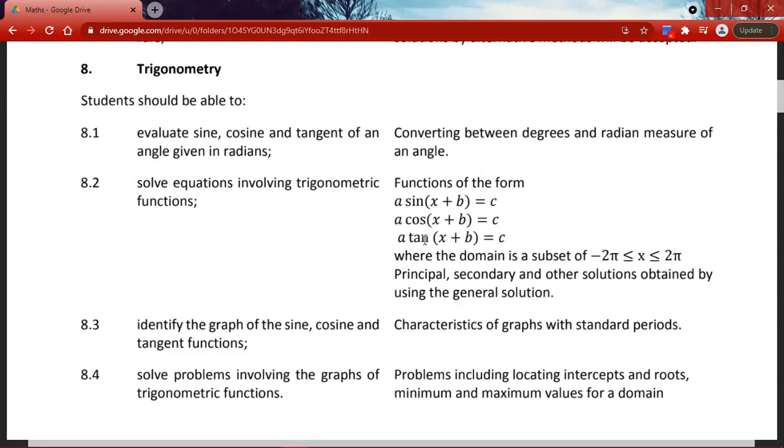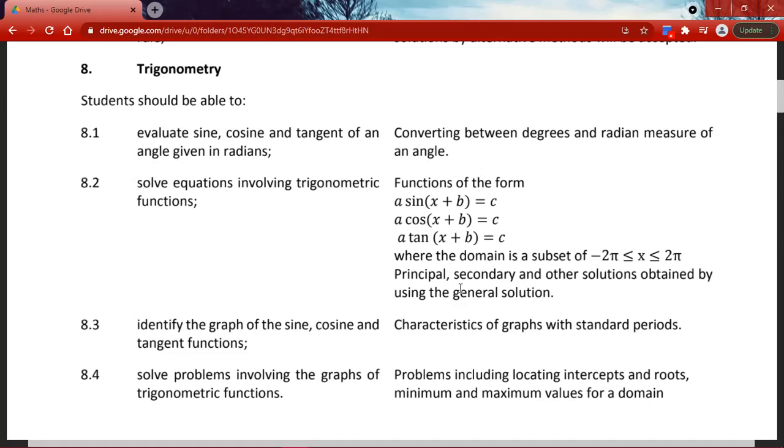I believe I did an example of the second case, a cosine x plus b equals c, and I explained how to deal with the other cases, because the process is really the same. I showed you exactly how to get the different angles and the different quadrants.